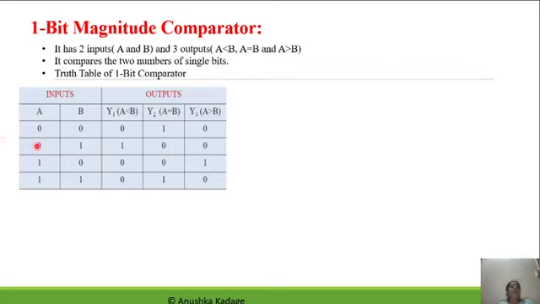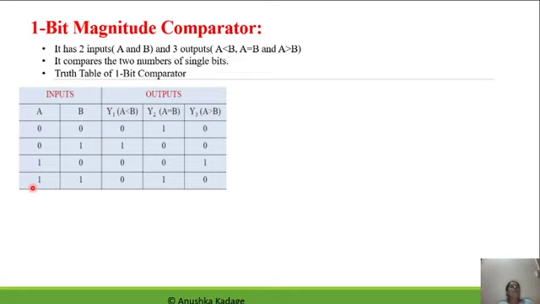For the input combination where A is 0 and B is 1, as we are seeing here A is less, so the A less than B output will be set to 1 and the other two outputs will be set to 0. In the next case, when A is greater than B, only the output corresponding to A greater than B will be set as 1, while these two outputs will be set as 0.